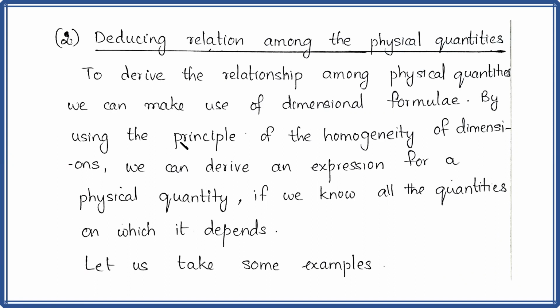We are using the principle of homogeneity of dimensions. Using that, if you know on which quantities the physical quantity depends, we can find the relationship between them. It is nothing but like a derivation.